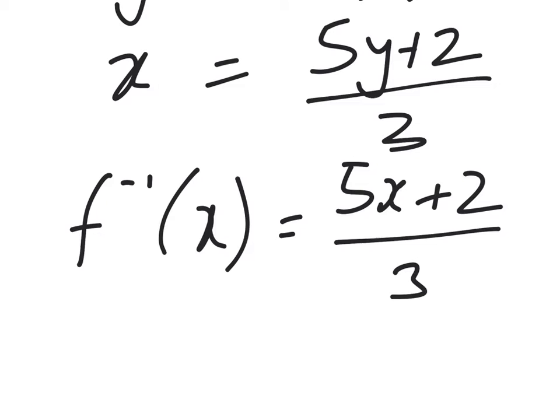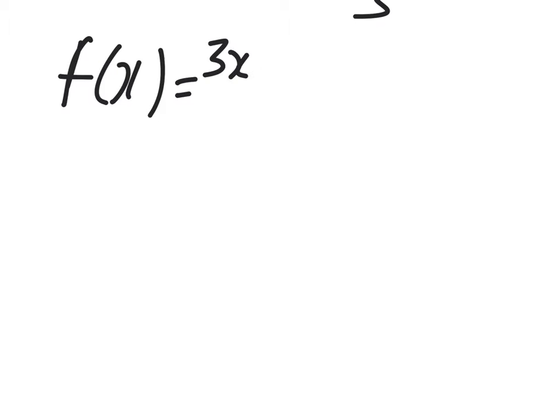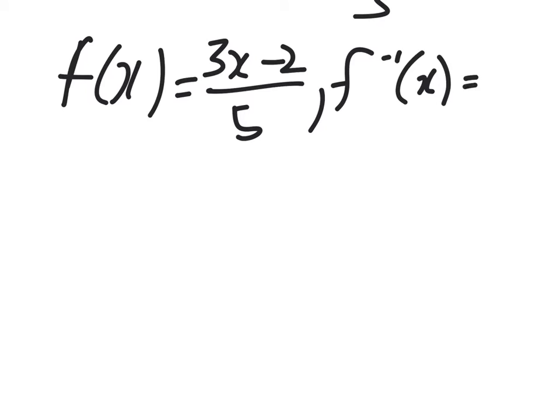Now, here's the deal with that. I'm going to continue down here, and I just want us to know what we've got. So what we've said is that f of x equals (3x minus 2) over 5, and f dashed of x, the inverse, equals (5x plus 2) over 3.